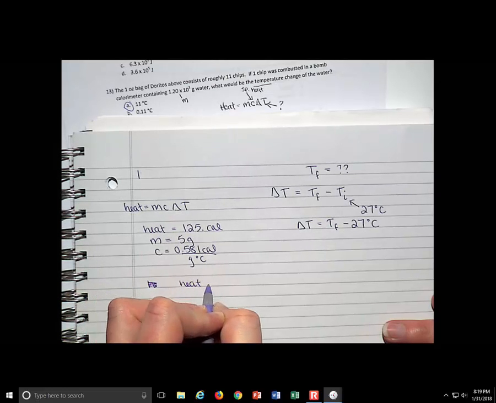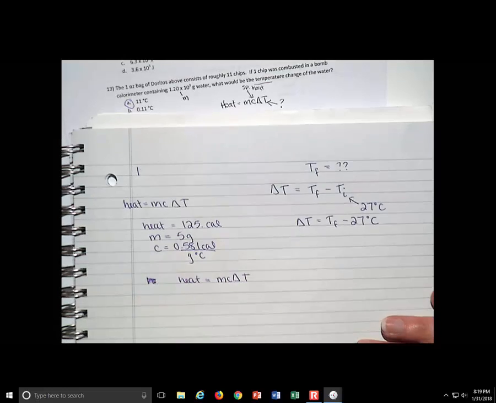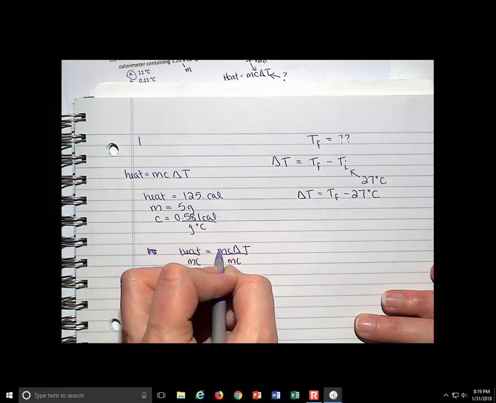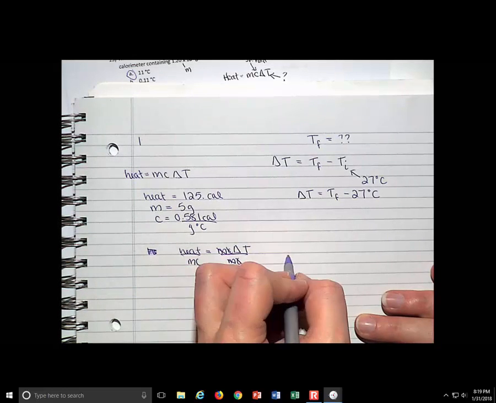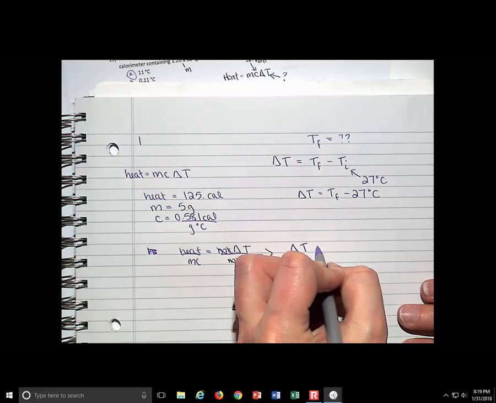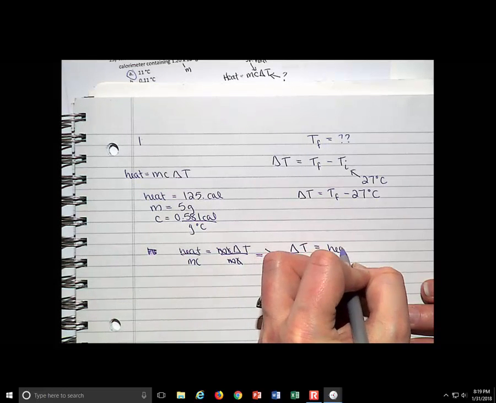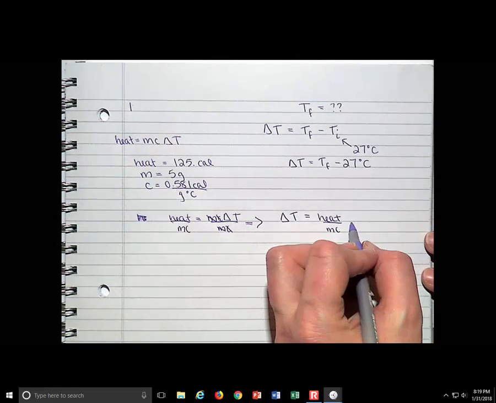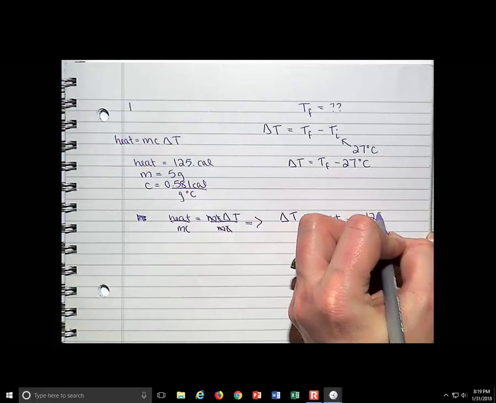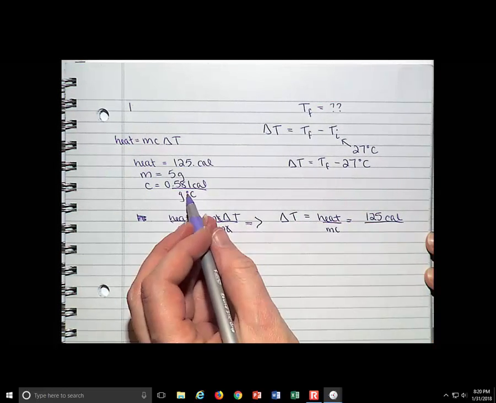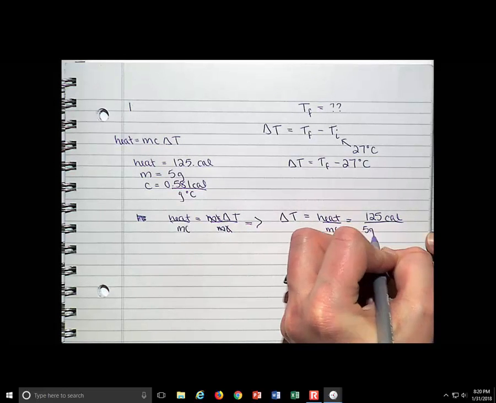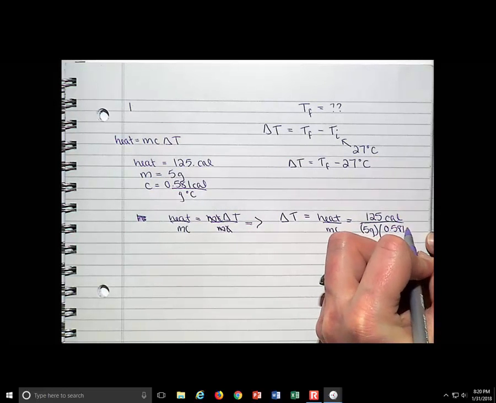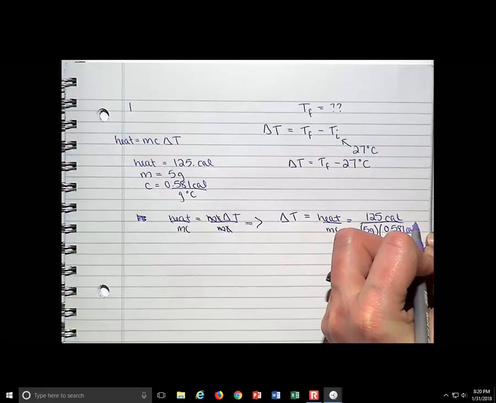So heat is equal to mc delta T. I'm going to divide both sides by mc. So I get delta T is equal to heat over MC, which is equal to 125 calories divided by 5 grams times 0.581 calories per gram degree Celsius.